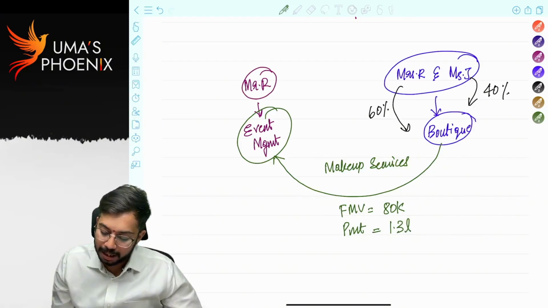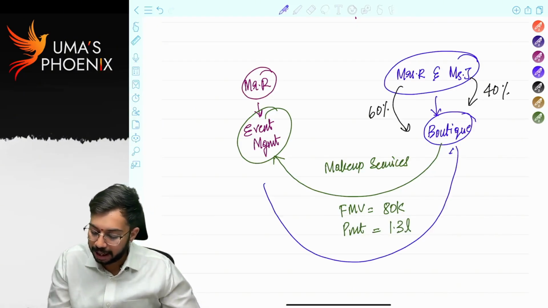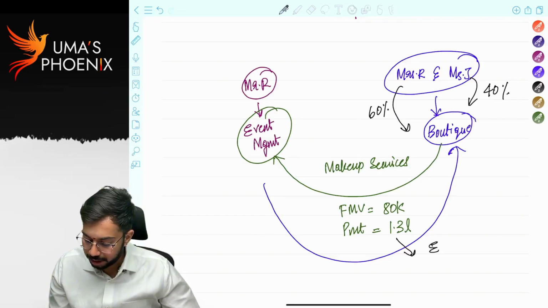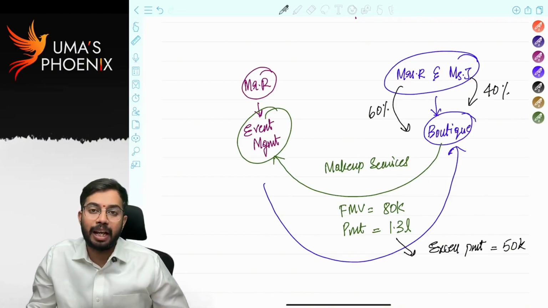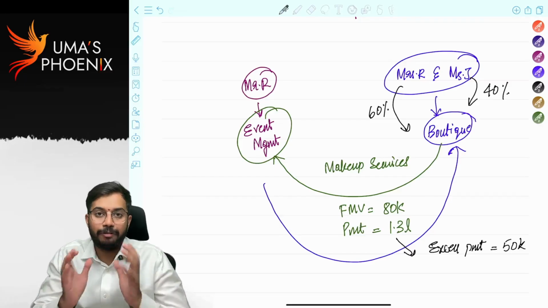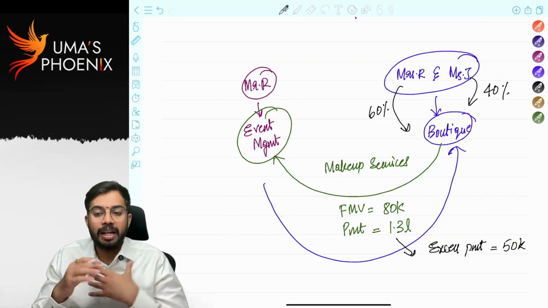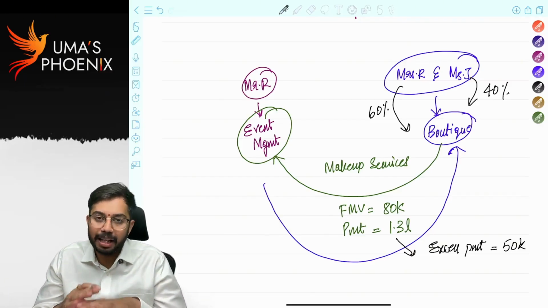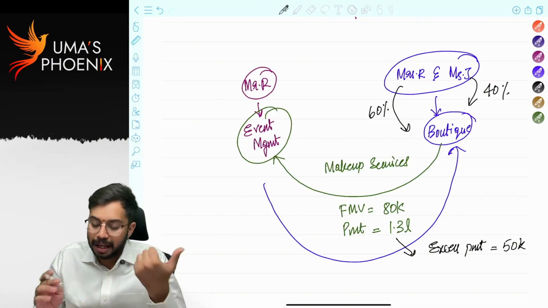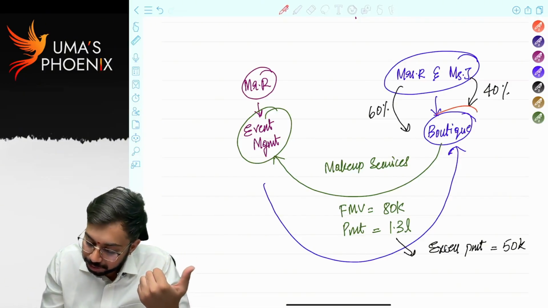So the event management company made excess payment. How much is the excess payment in this scenario? Excess payment is 50,000. Whether this 50,000 is allowed as deduction or not. First of all, Mr. R is having one business, the event management business. That business is making payment to the boutique.